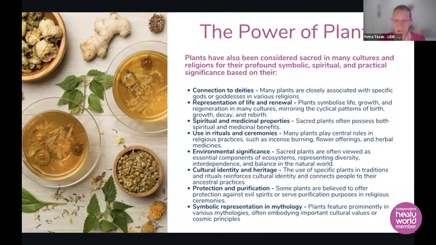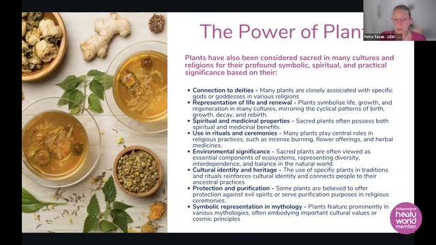They also have protection and purification properties, like sage, for example. Some plants are thought to give us protection against evil spirits, to clean our energy, and purify us of thoughts and emotions that are drowning us in contraction energy.